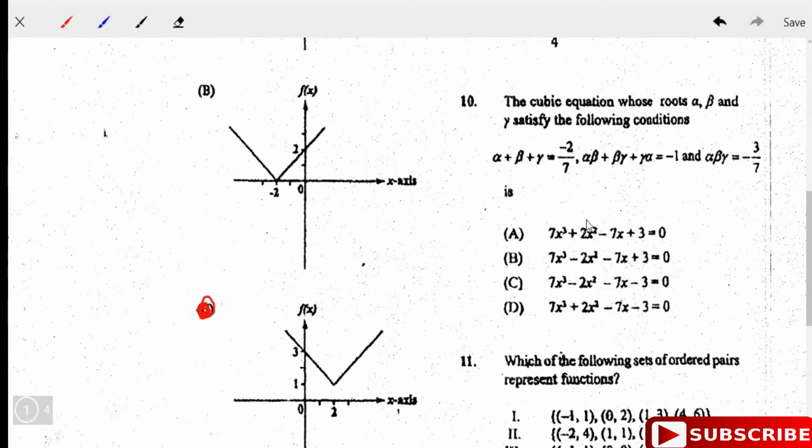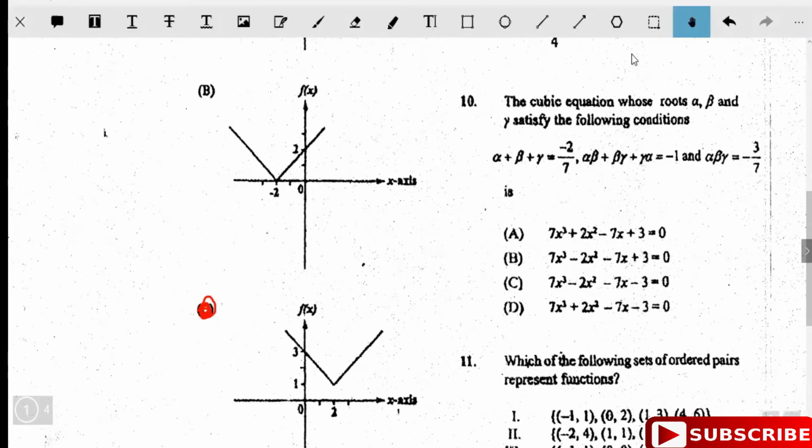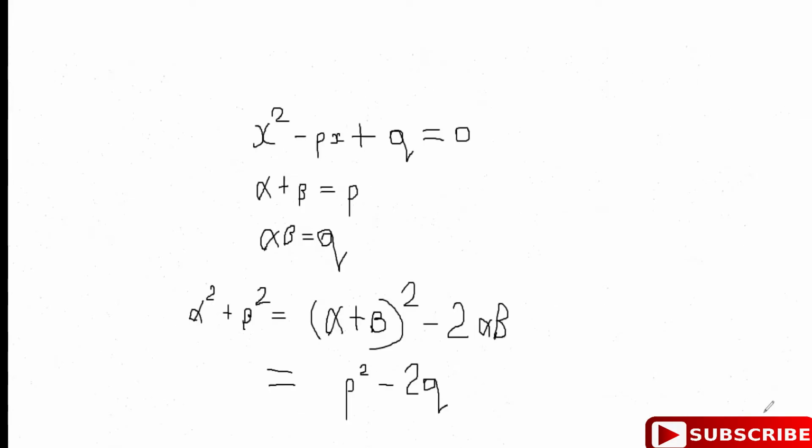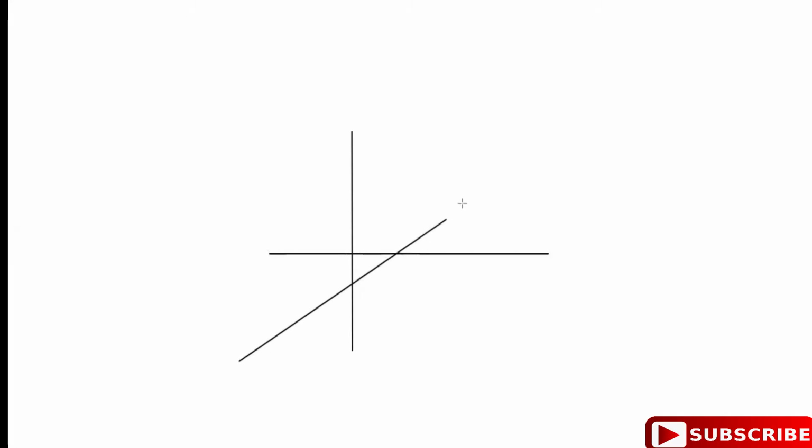So it wanted the modulus of x minus 2 plus 1. Just to refresh our memory, how we sketch a graph of modulus is, let's say I give some graph right here. Y equal to x minus 2 is a line like this.